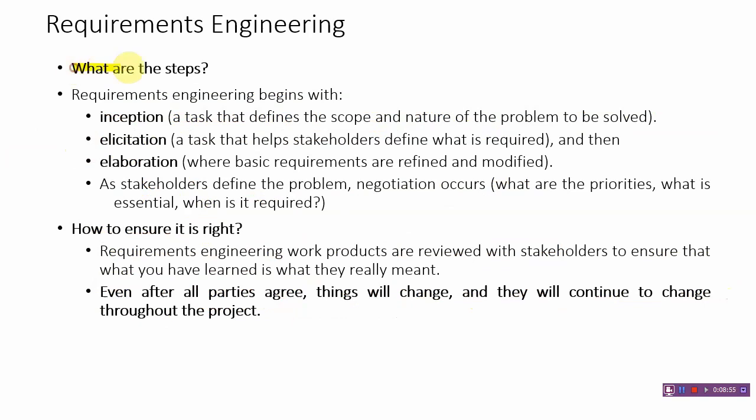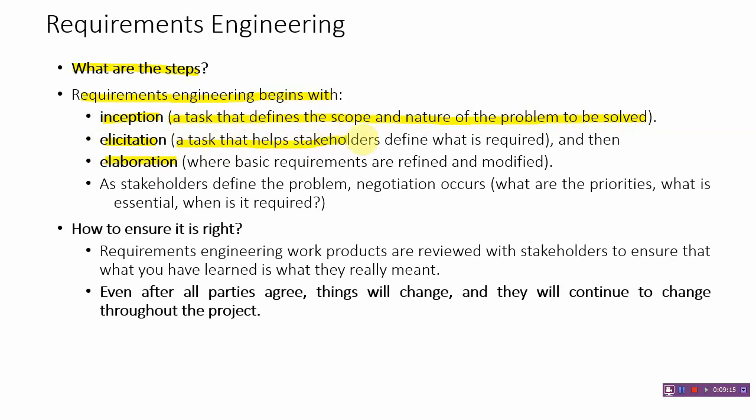What are the various steps for the requirements engineering? Requirements engineering begins with inception, elicitation, and elaboration. Inception is a task that defines the scope and nature of the problem to be solved.